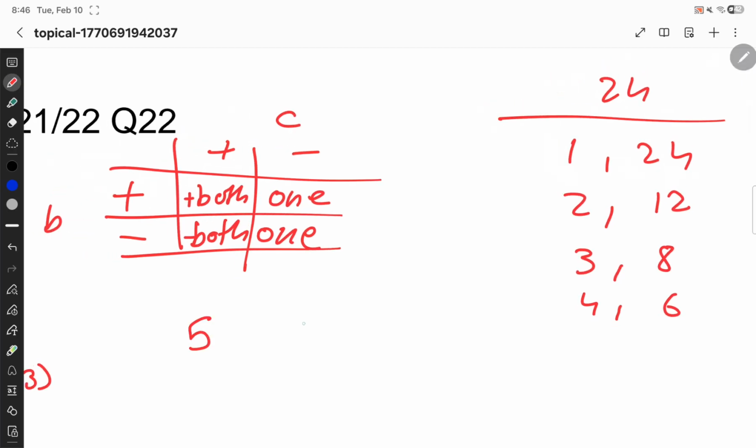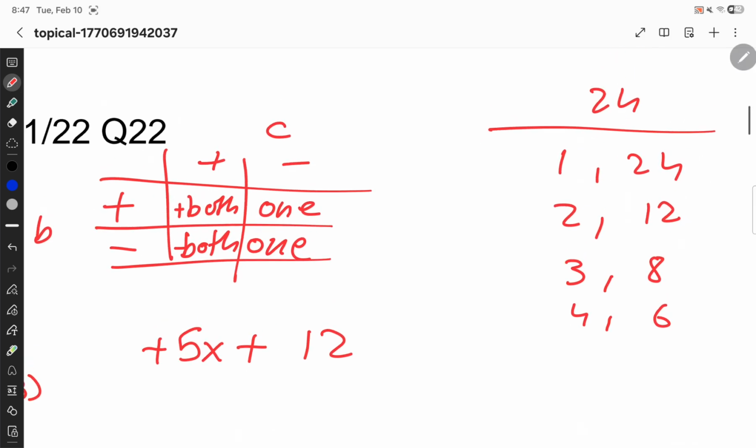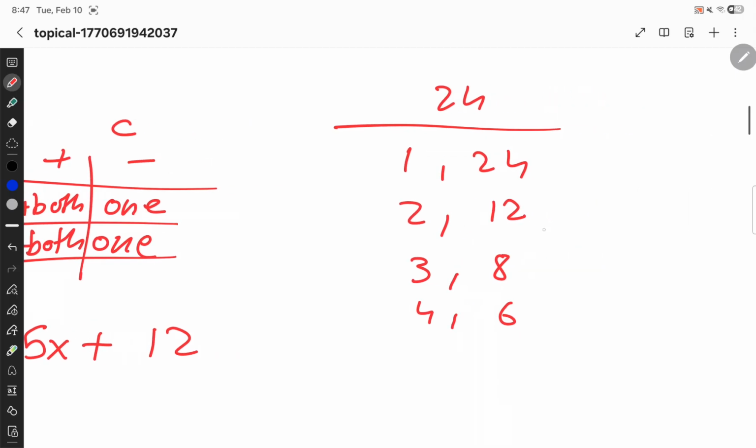If we have both terms positive, then which rows do we add? Well, we have both rows positive then. Here we know we will need to find two things which, when we add them, need to be 5.